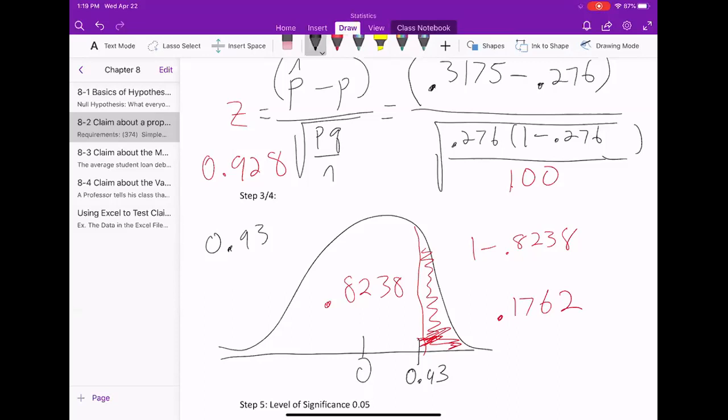So you can see, we got to remember how to do chapter 6 here. This value that we just got out of the table is our p-value. When you pull the values out of the table, you have found your p-value.